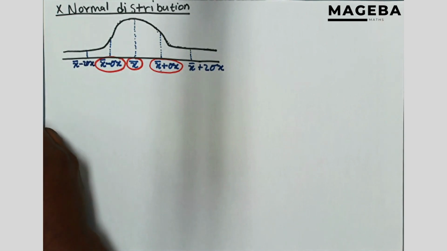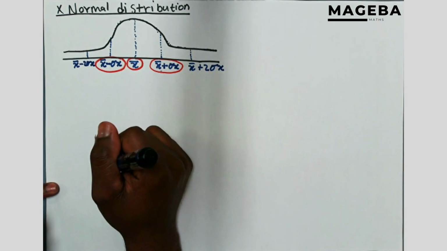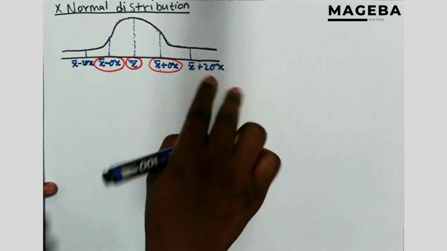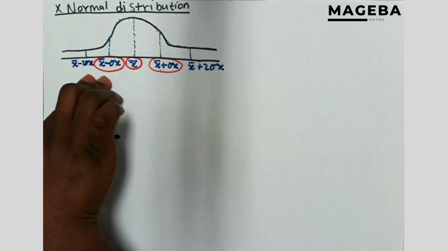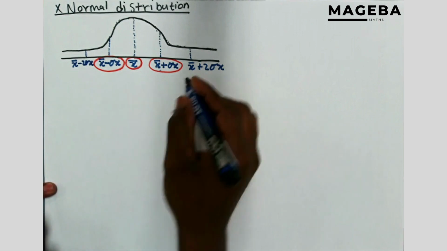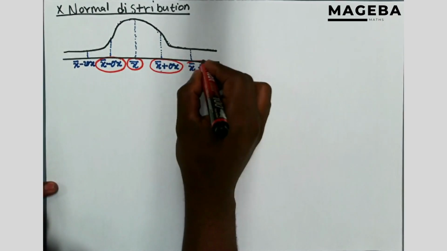I hope you know there are questions where they say find 2 standard deviations or find 1 standard deviation. You need to find the one from this side and also the one from the other side. So this one here is from 2 standard deviations, this one is from 1 standard deviation.